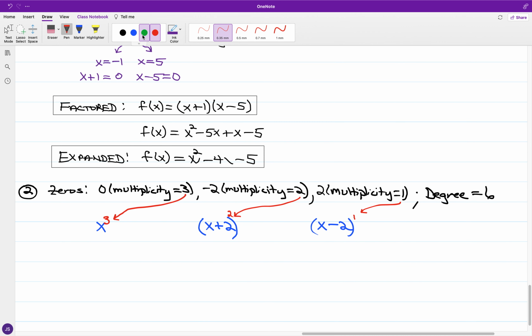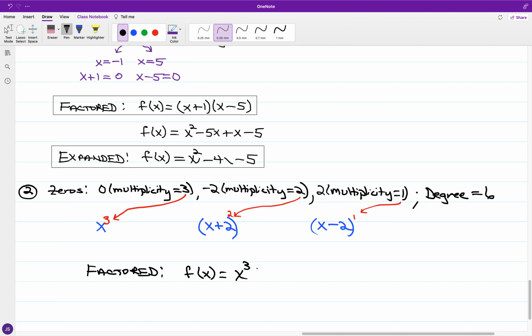So we have as a factored form, emphasizing the multiplicities, f of x is equal to x to the third. Again, the third degree emphasizing that the value of 0 has a multiplicity of 3.